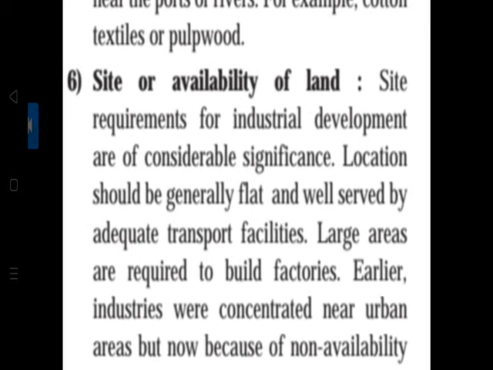I have chosen a place where I'm going to carry out processing and have laborers around, but it should be well served by transport facilities, meaning commuting, because if laborers are involved, commuting for these laborers should be very easy.